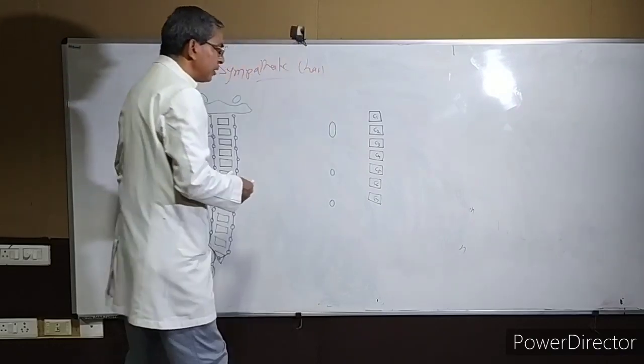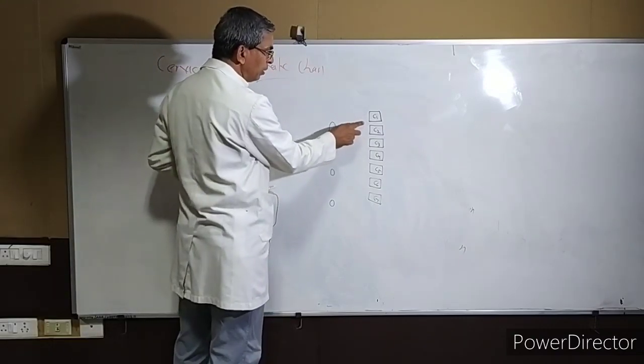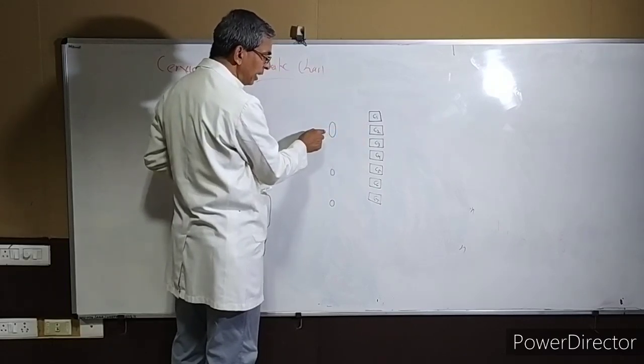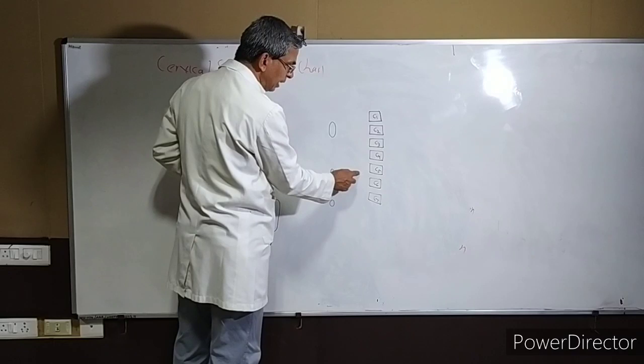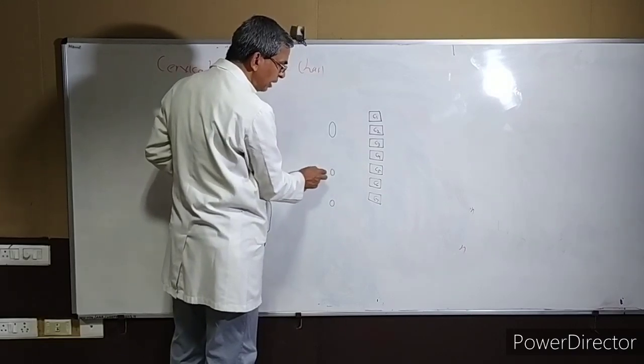The superior ganglia is formed by the fusion of four ganglia: 1, 2, 3, and 4. Four ganglia unite to form the superior cervical sympathetic ganglia, while the fifth and sixth ganglia unite to form the middle ganglia.